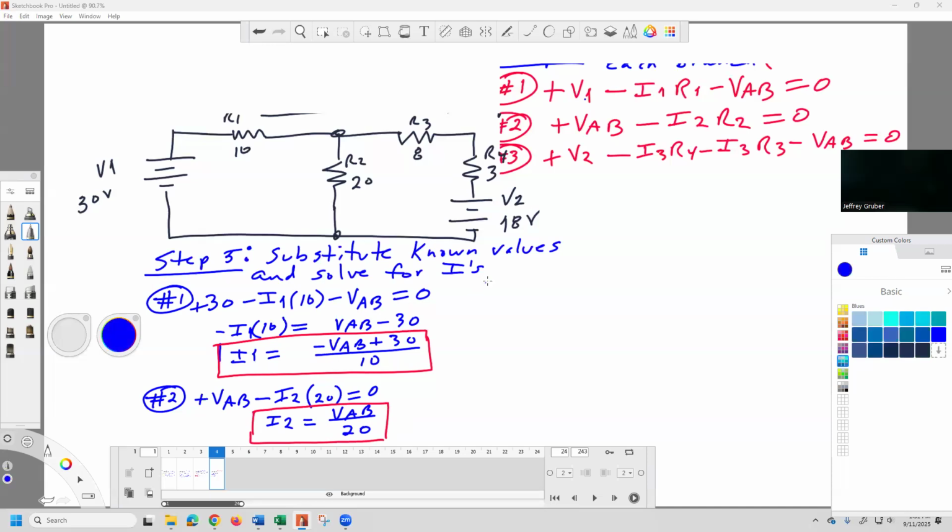Equation number 3. We know V2 is 18. I3. R4 is 3 minus I3. R3. R3 is 8 minus VAB equals 0.